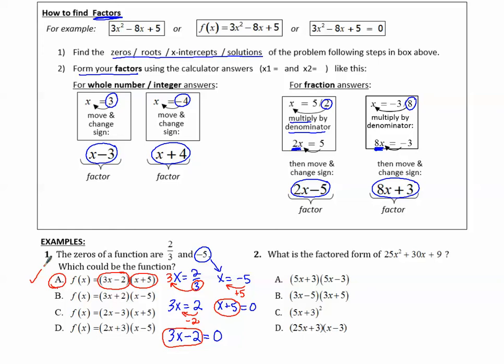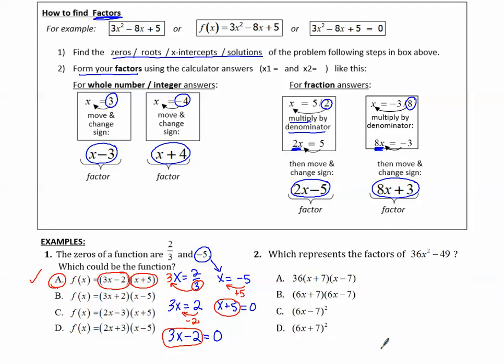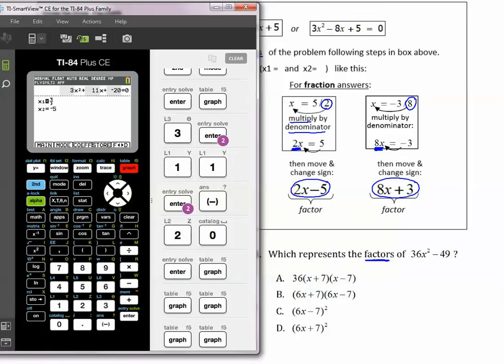Number 2. What is the factored form of 25x squared? Let's try that again. Which represents the factors of 36x squared minus 49? So first, we go to our calculator and we use the app to type in our A, B, and C. Now, you'll notice I only have 2 terms.